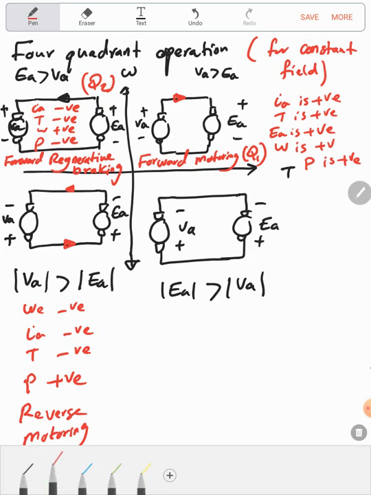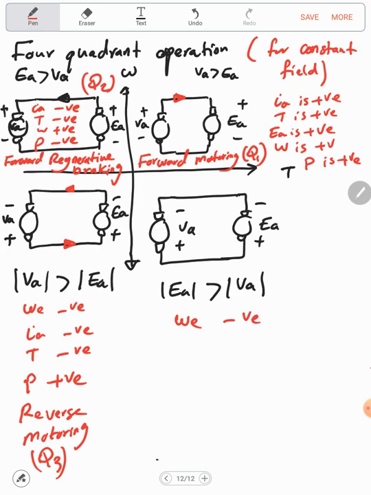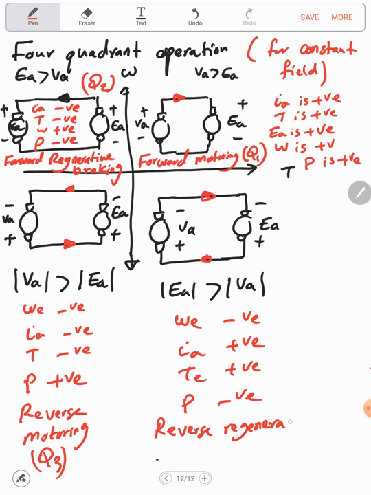Now still the speed is negative, omega E is minus ve, but now the current will flow in this direction, which means that IA is positive, so the torque is positive, so the power will be negative, which means that the machine is acting as a generator, or this we call regenerative braking, reverse regenerative braking. And this will be Q number 4.